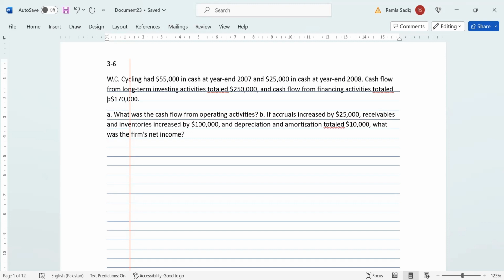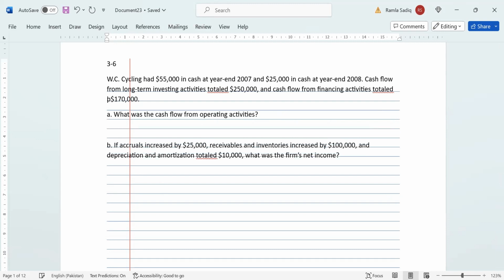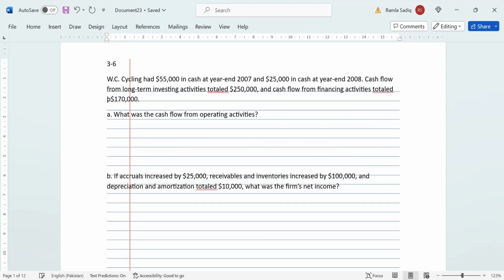All right, cash flow from operating activities. I'm going to take a moment to separate this so that it's a little bit easier to do. What was cash flow from operating activities? Now, when we need to calculate cash flow from operating activities, the first step is to determine our cash in hand. So what was the change in cash?